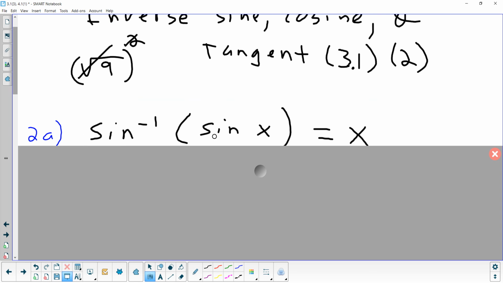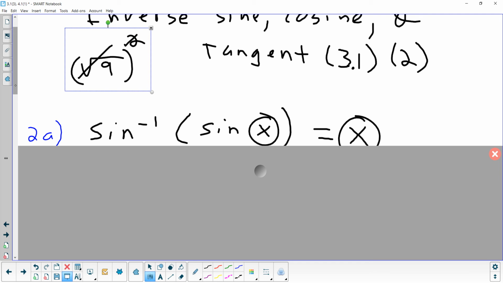If you take the sine of a value and then take the inverse sine of that, sine and inverse sine cancel each other out. And what you're left with is what you originally took the sine of, just like taking the square root of something and squaring it. They cancel each other out. Any question on that idea?